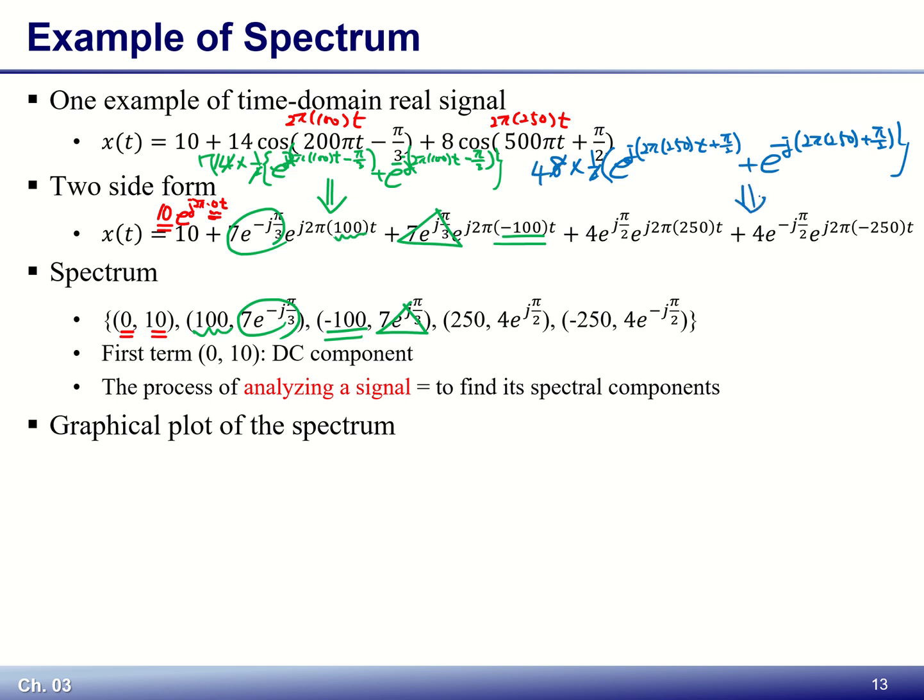Look at this: at frequency 250 we will have 4 exponential j pi over 2. In the case of minus 250 hertz, 4 exponential minus j pi over 2 becomes its amplitude.